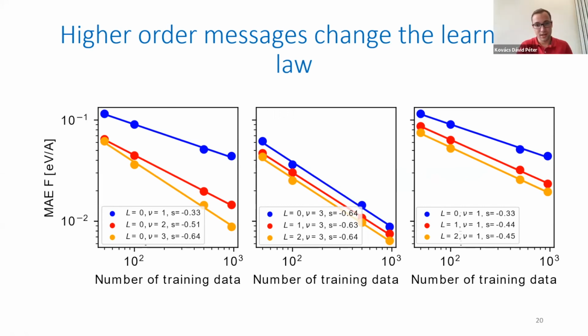Here I just add one thing. Basically, L equals 0, nu equals 1 is basically SchNet. That is a two-body network that is invariant. And it has been shown that L equals 0, nu equals 1 is unable to resolve all distinct chemical environments. You can come up with physical structures that SchNet will always give the same prediction for, no matter what, and they are physically distinct.